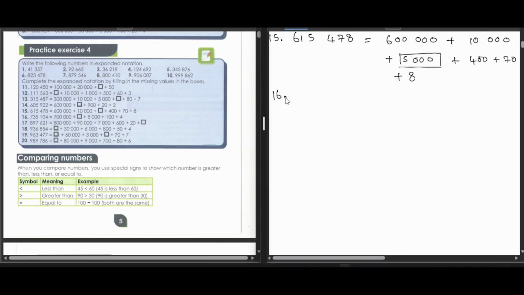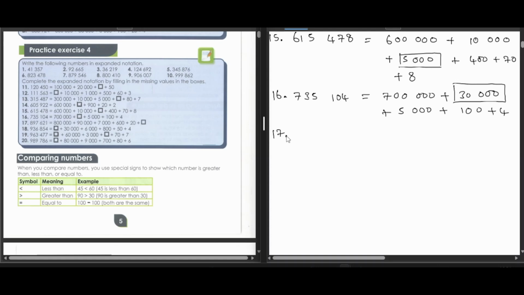Number 16, 735,104 is equal to 700,000 which is written, the one not written is 30,000 which follows, then plus 5,000 plus 100, then we say plus 4 because under tens we have 0, which is serving its purpose as a placeholder.